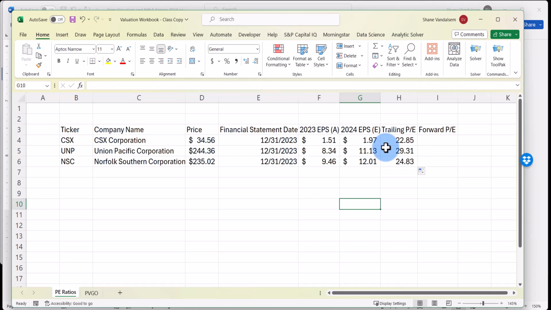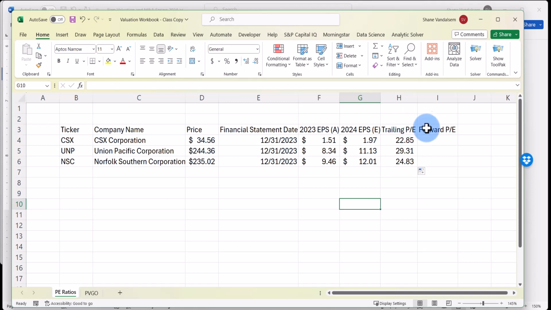Sometimes it's a difference in capital structure. In the railroad industry, the different railroads generally have their territory over different parts of the country. And so it could be that Union Pacific right now has a more attractive territory that they cover than CSX.